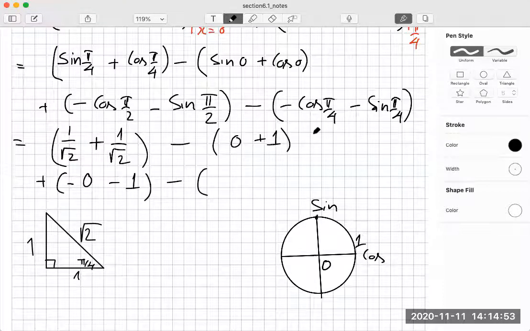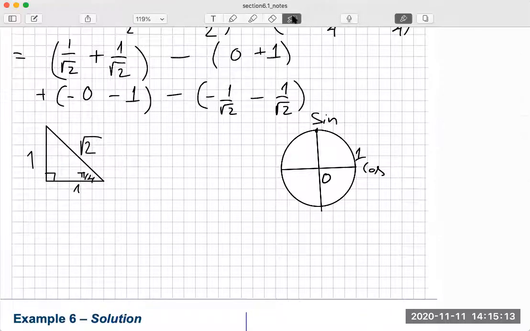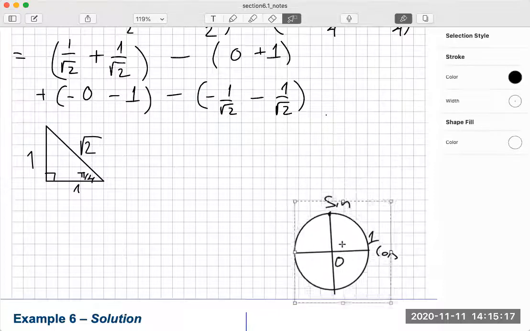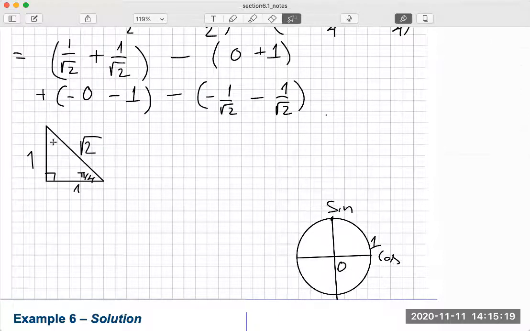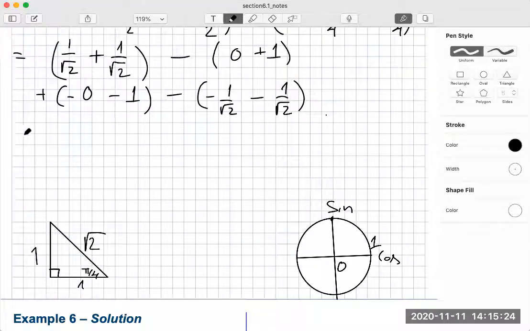Negative cosine of pi over 4. Very good. And here, sine of pi over 4. Good job. Okay. So therefore, we compute these numbers.